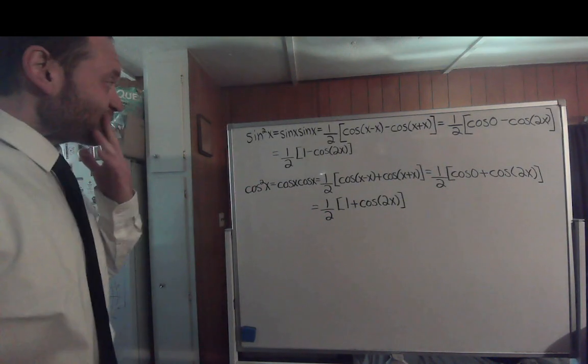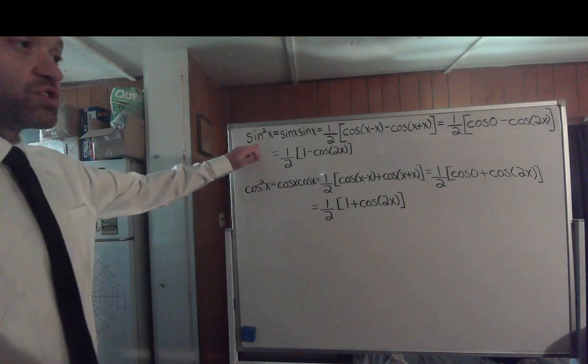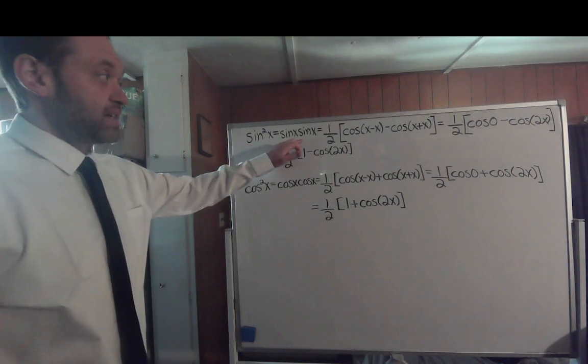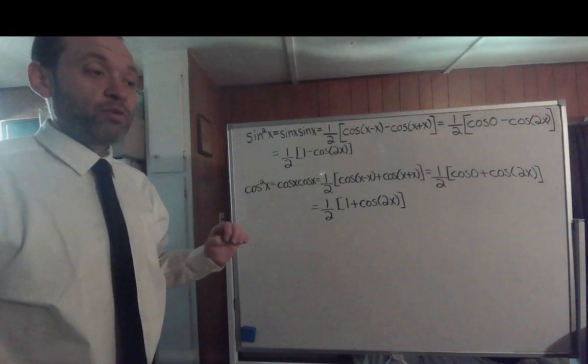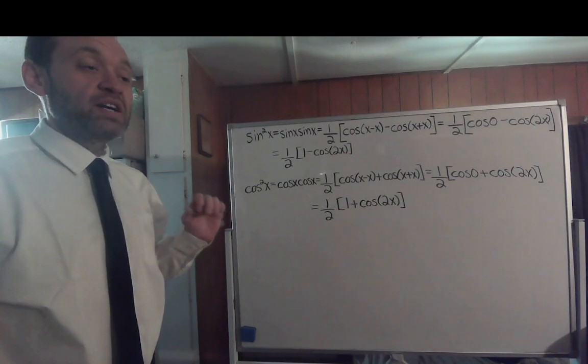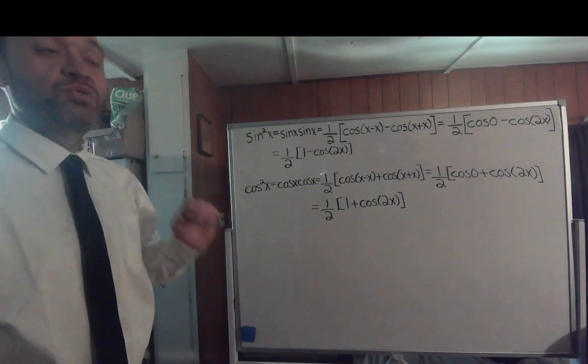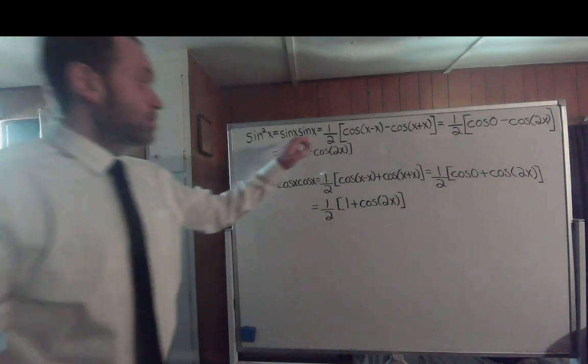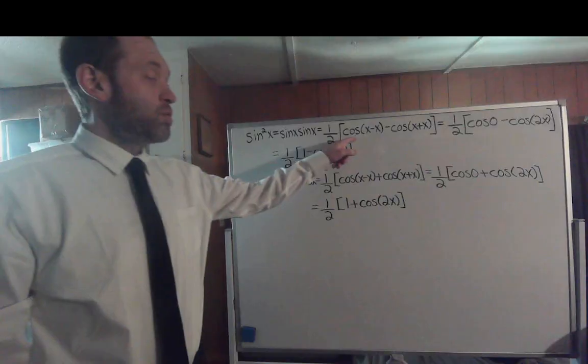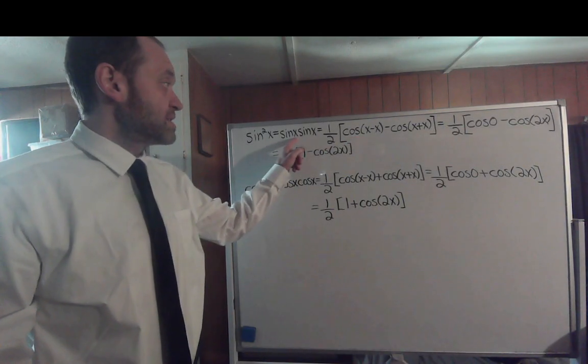So we know that the sine squared of x equals the sine of x times the sine of x. And power reducing formulas are largely based off the product to sum formulas, which will be the topic of the next lesson. So that would work as 1/2 of the quantity of the cosine of x minus x.